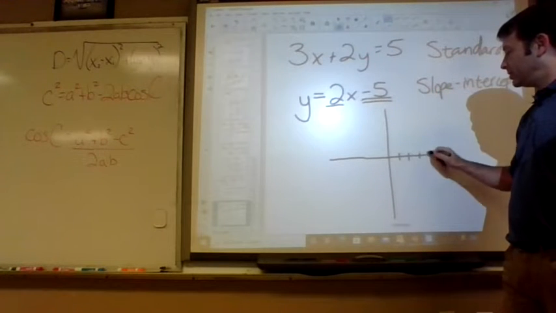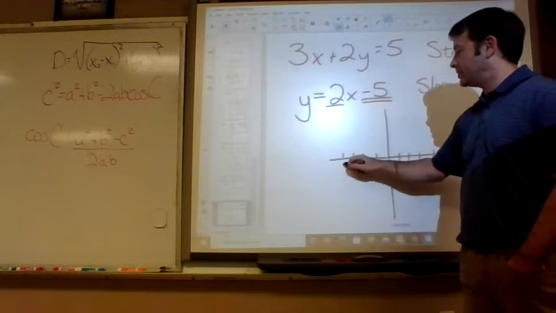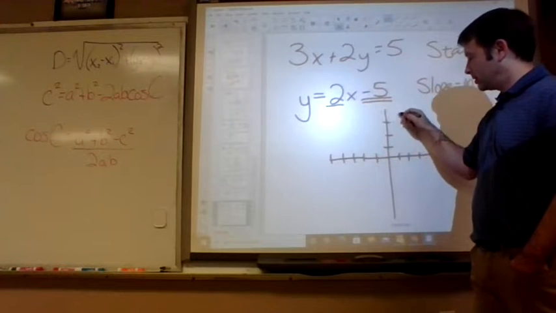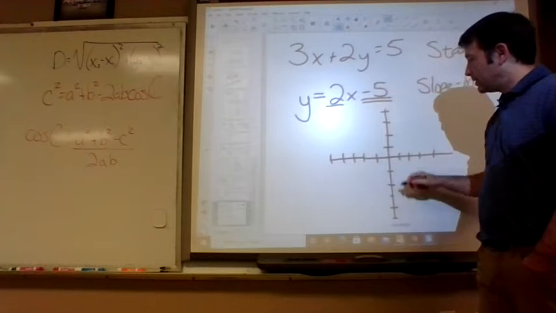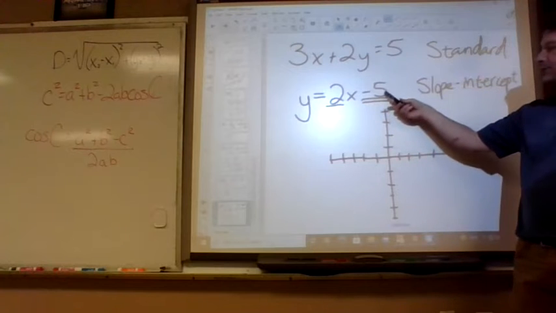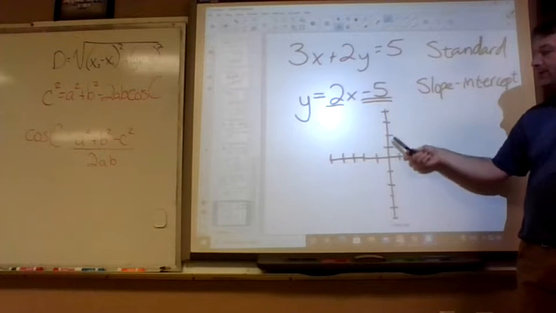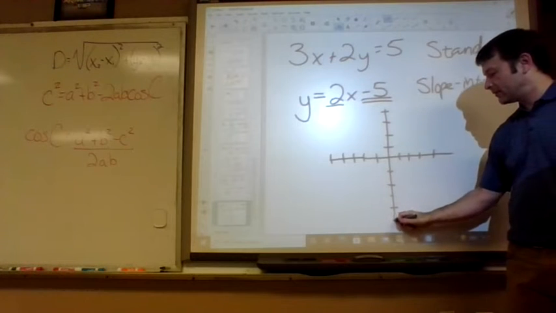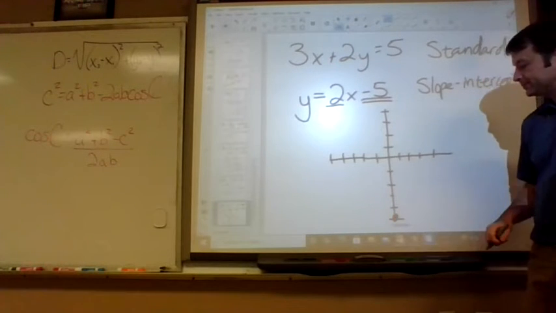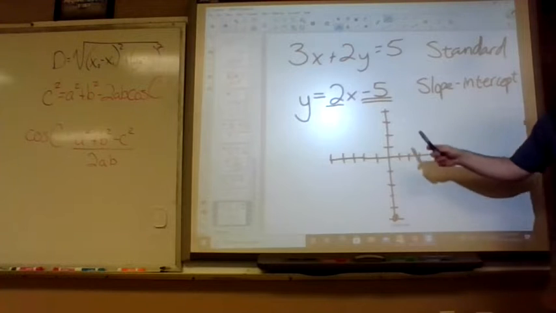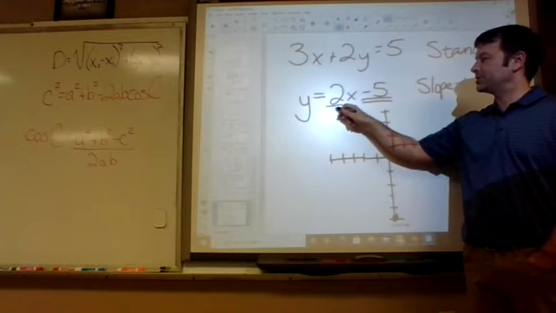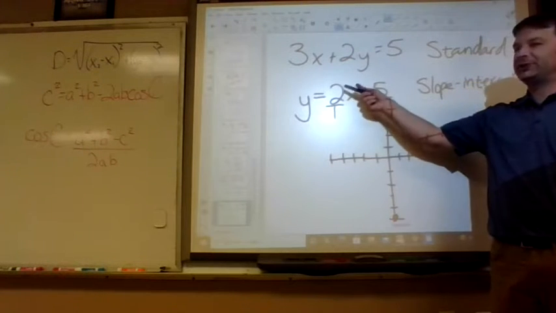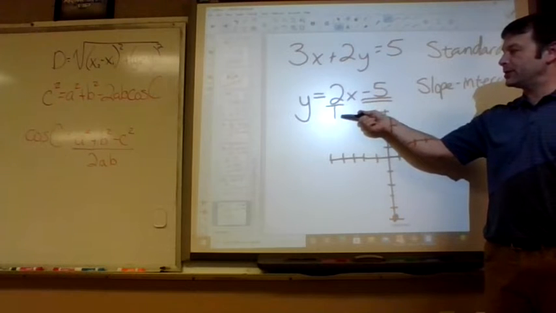You need a point that we know is on the line, and that would be the y-intercept. Start with the y-intercept. The y-intercept is negative 5. That means it crosses the y-axis at negative 5, way down there. The slope is 2, which is the same thing as 2 over 1, so that's your rise and your run.